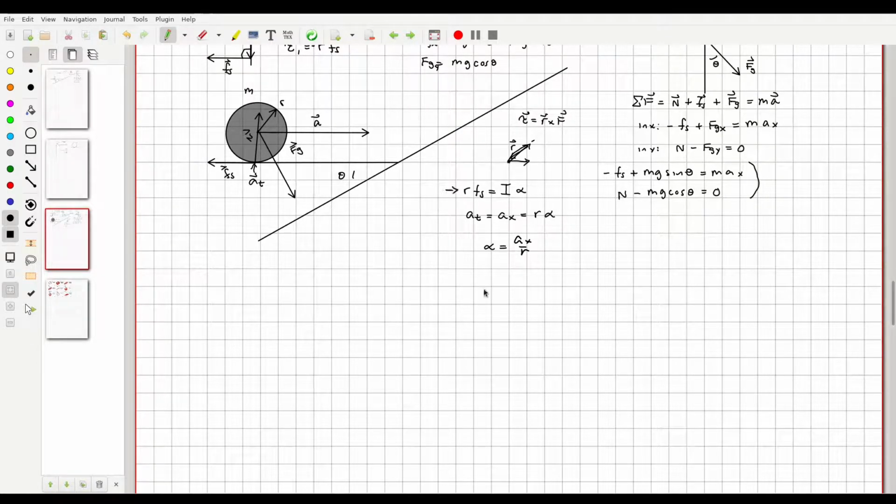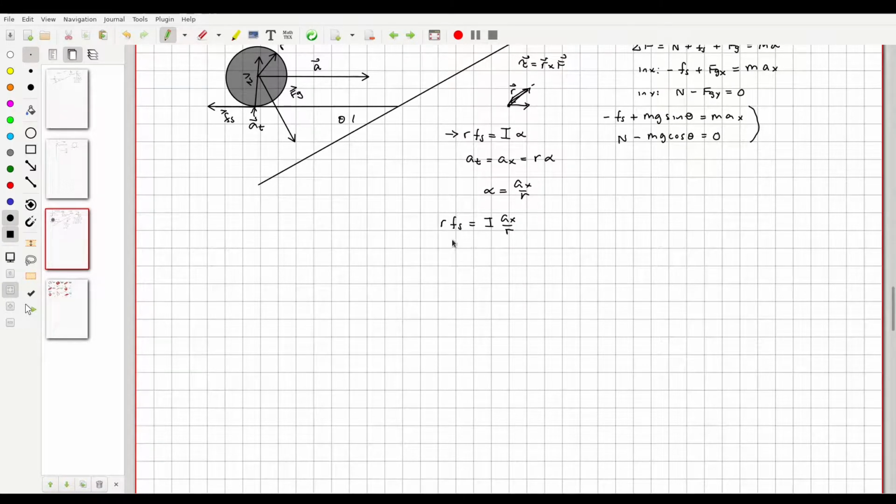So if I take this and I look at that, r F sub s is equal to I times a sub x over r. Now, this right here is going to allow us to actually look and see what our frictional force looks like. So F sub s is due to this thing rotating and not slipping as it goes down.